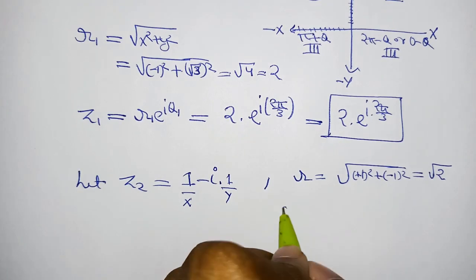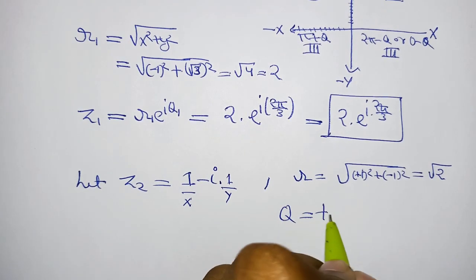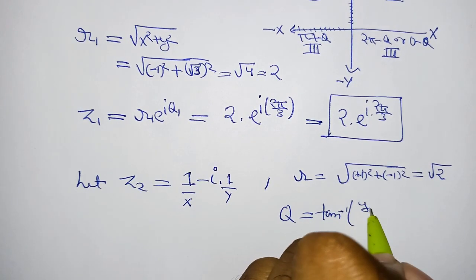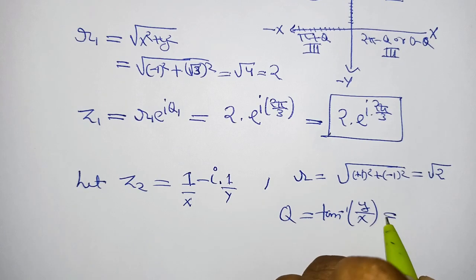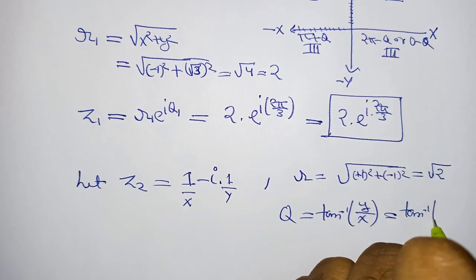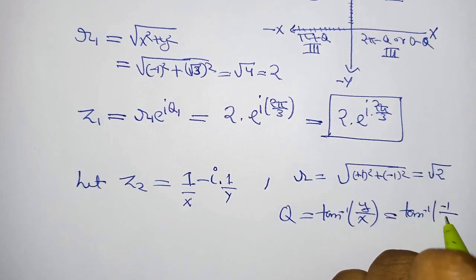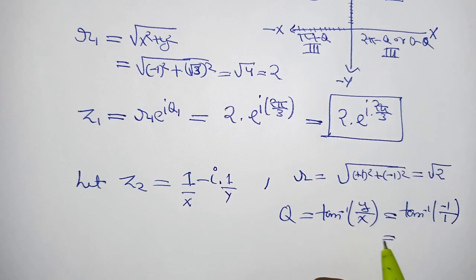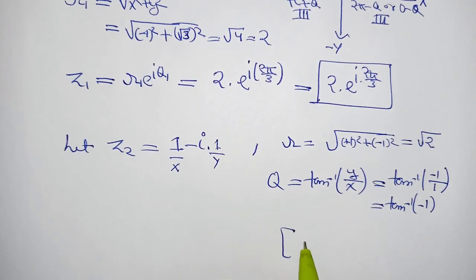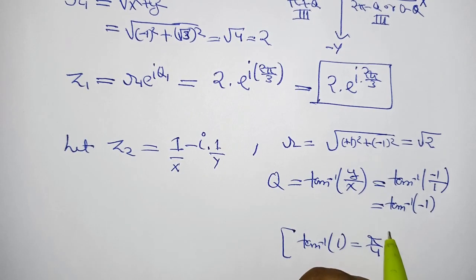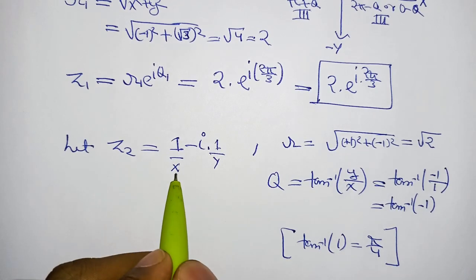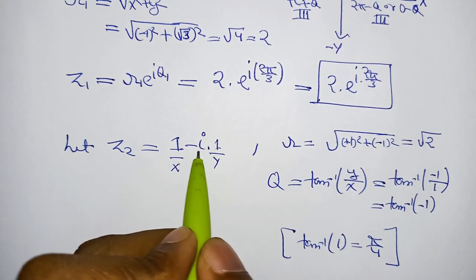And theta, the angle, will be equal to tan inverse of y by x. So here the component of y is tan inverse of minus 1 divided by 1, which gives the value tan inverse of minus 1. And we know that tan inverse of 1 is equal to pi by 4. But by component here x is positive and y is negative.